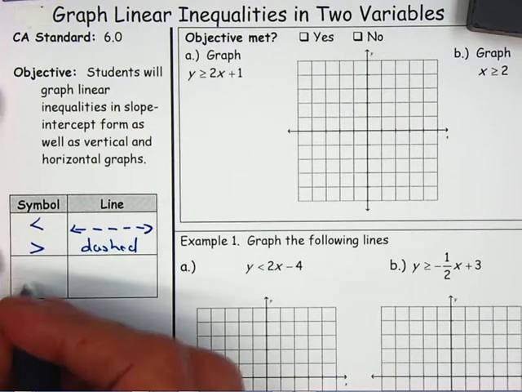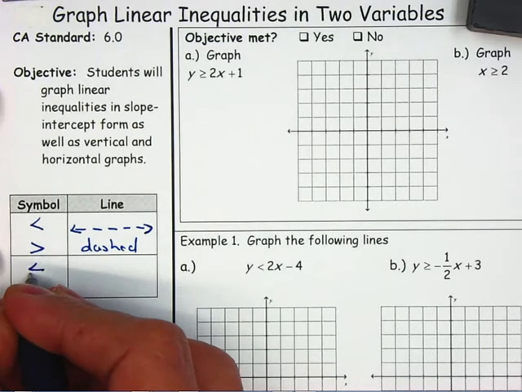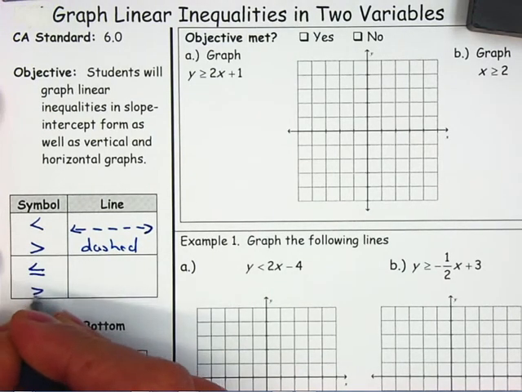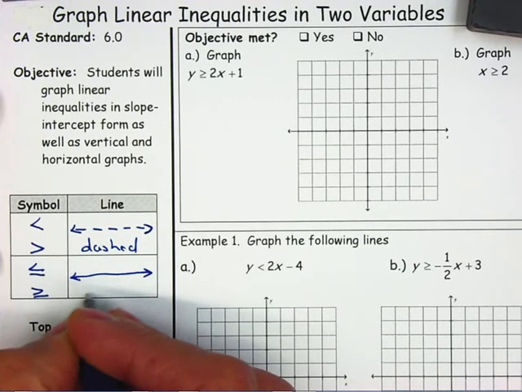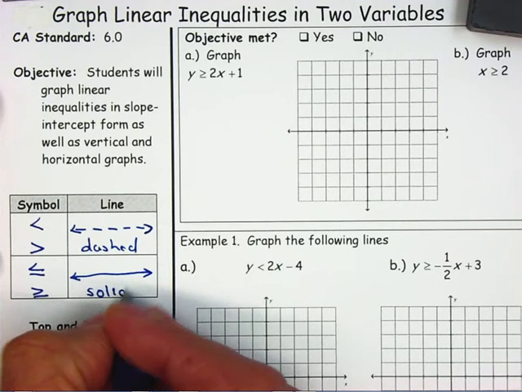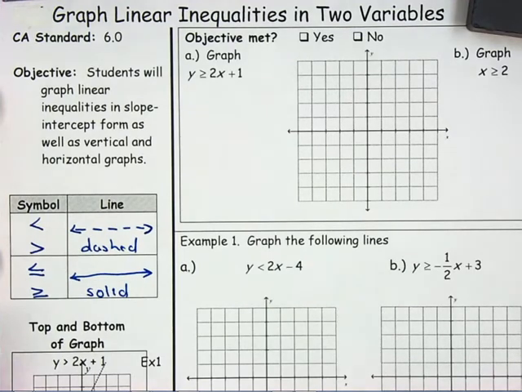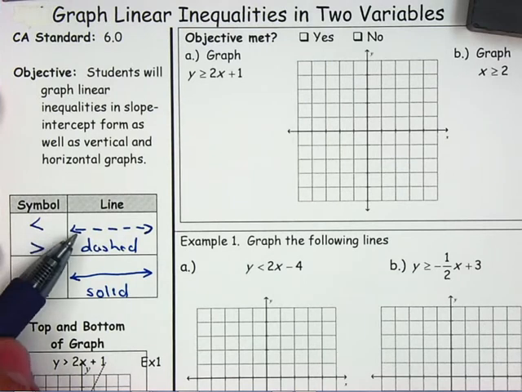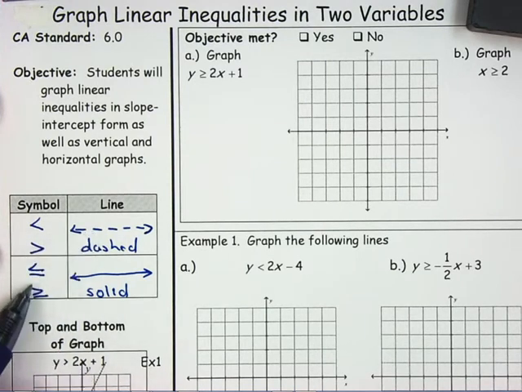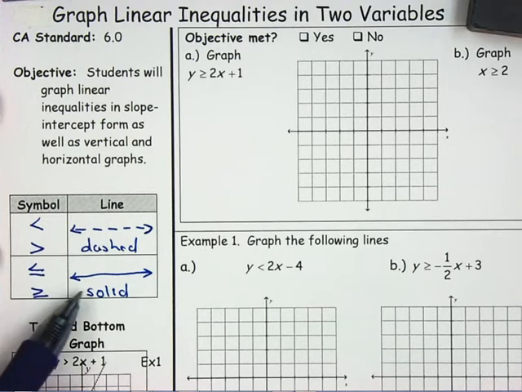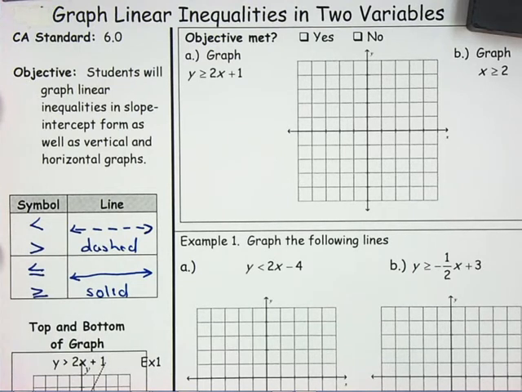If it has an equal sign, so if you have less than or equal to, or greater than or equal to, the line is going to be solid. So if there's no equal sign, it's going to be dashed, which indicates that the points are not part of the solutions. If it has an equal sign underneath, it's going to be a solid line.